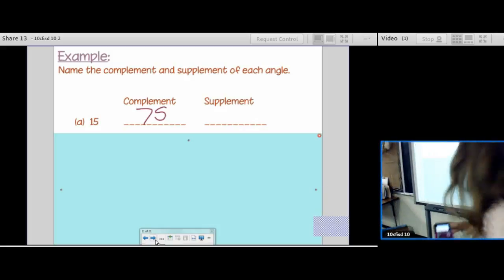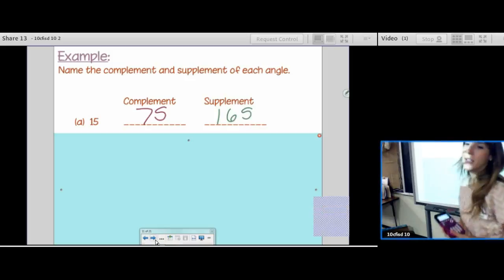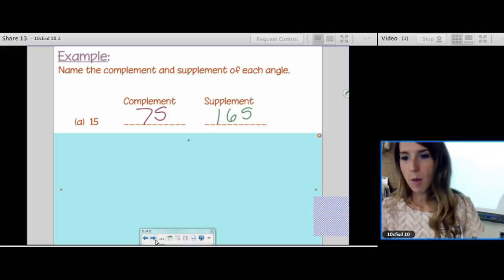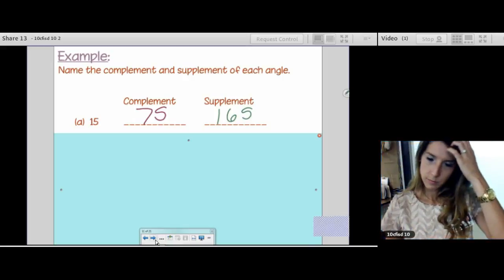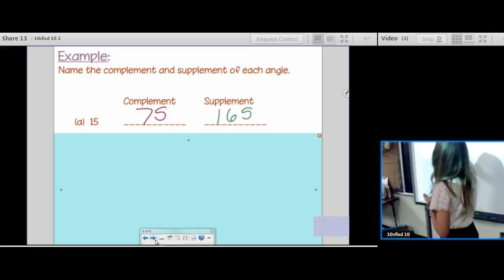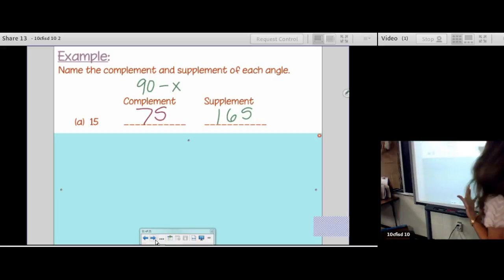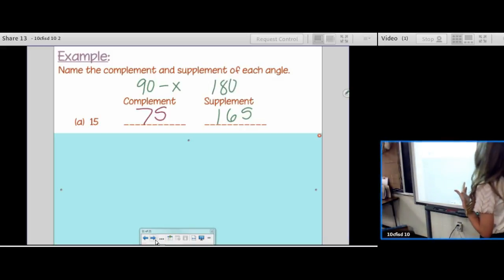There you go. 165. So what are you doing to find the complement? How do you find the complement of an angle? Subtract from 90, right? You do 90 minus the angle you're given. How do you find the supplement of an angle? Of course, 180 minus the angle you're given.